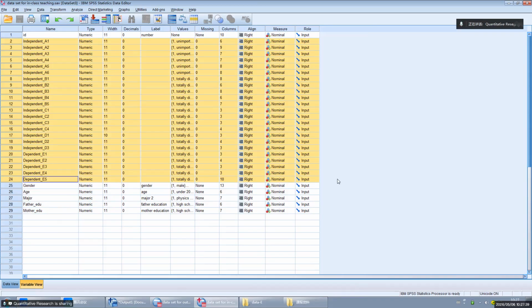We have boys and girls in this class, and we want to examine if there are some significant differences between boys and girls. Two groups, right? So we use the independent t-test.